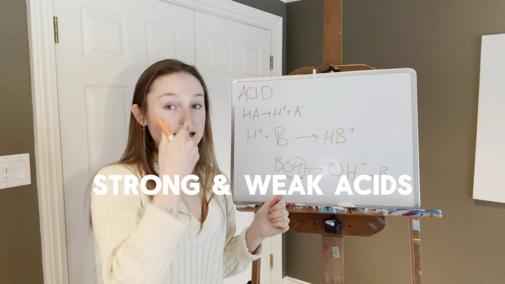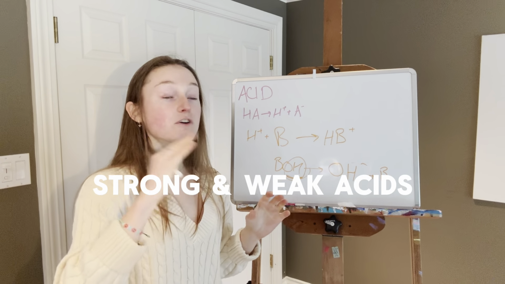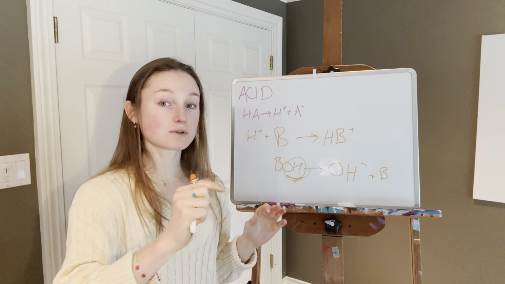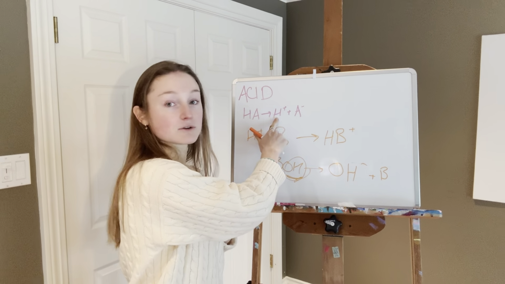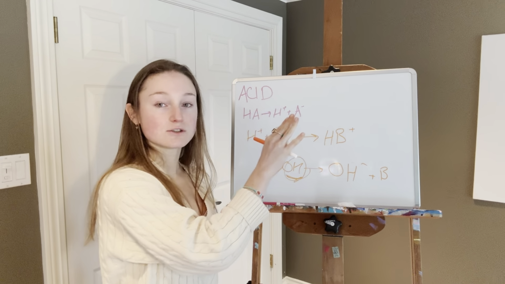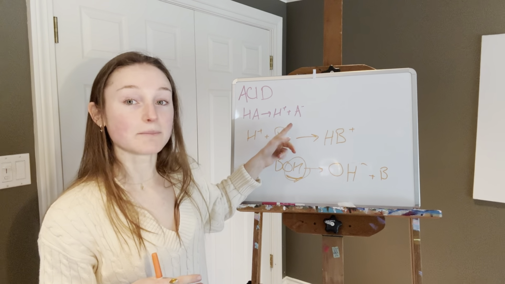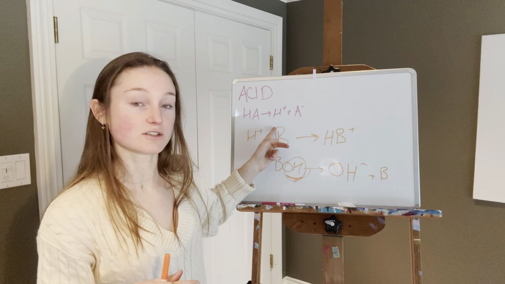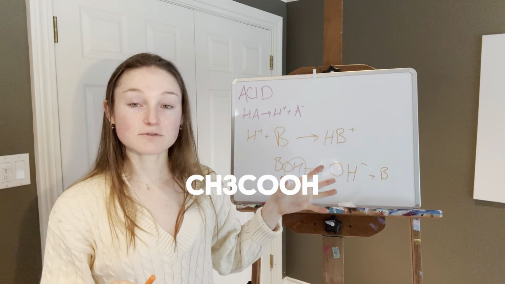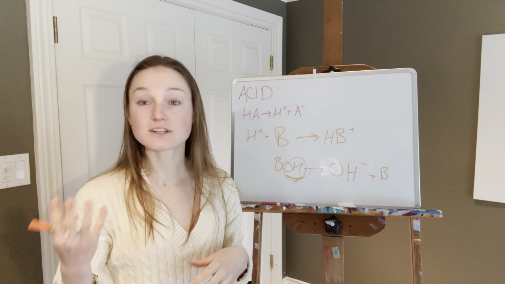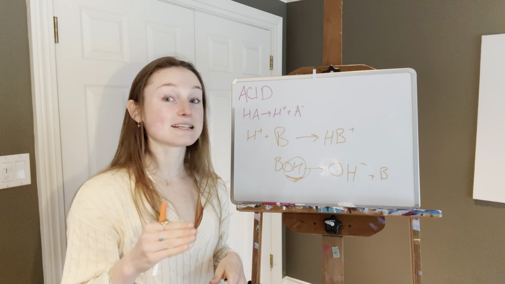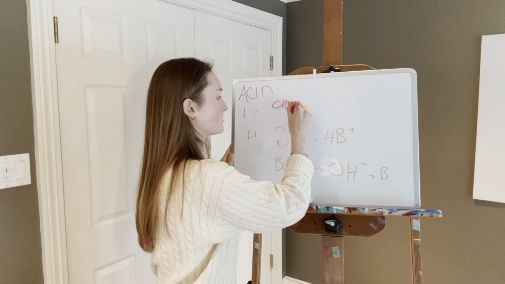So strong acids will fully dissociate to release all of their protons into solution. Weak acids will only release some of their free protons into solution. So acetic acid, for example, what you have in vinegar or apple cider vinegar, that is a weak acid.